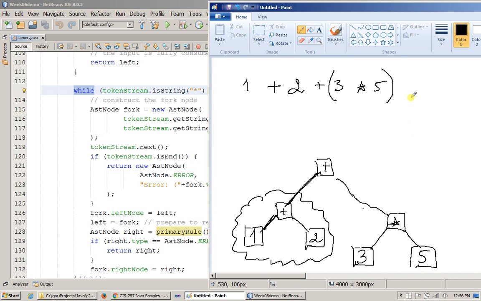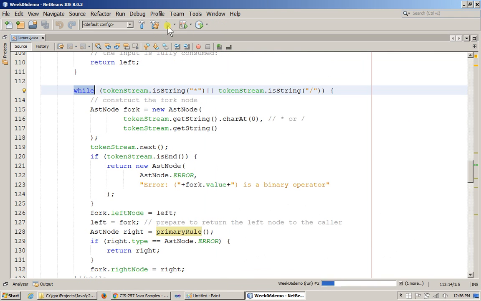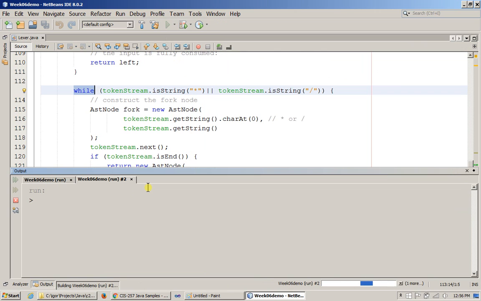Let's actually demonstrate something like this when we run our program. So this is 1 plus 2 plus 3 times 5, right? Let's take a look at what it does at runtime. So we're going to say 1 plus 2 plus 3 times 5, right?